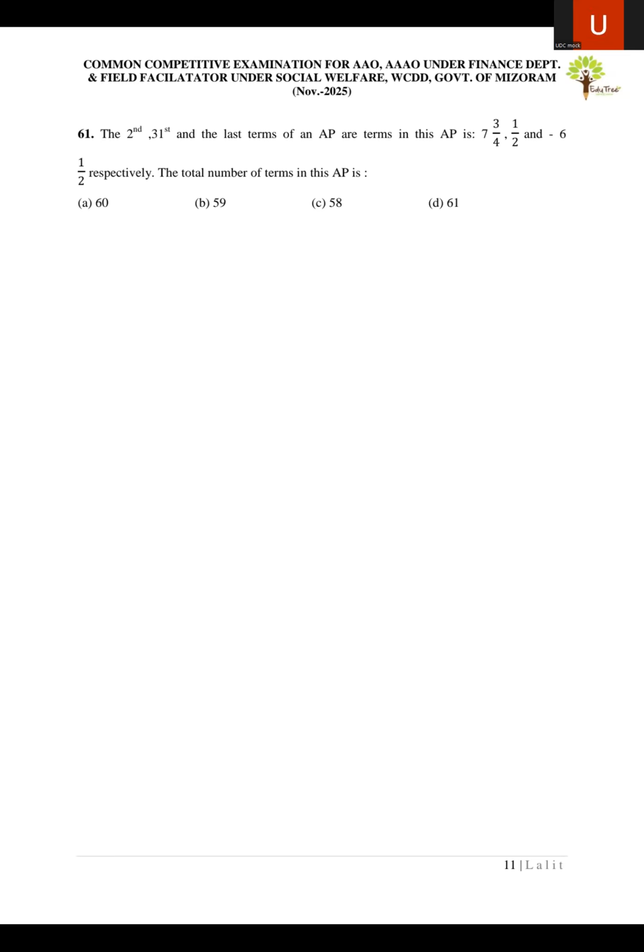So some terms are given to us, and then we have to find the total number of terms in this AP. So very simple question to solve. So second term is 7 3 by 4, and 31st term is 1 by 2, and the last term of an AP is minus 6. All right, I think there's something wrong in this question.